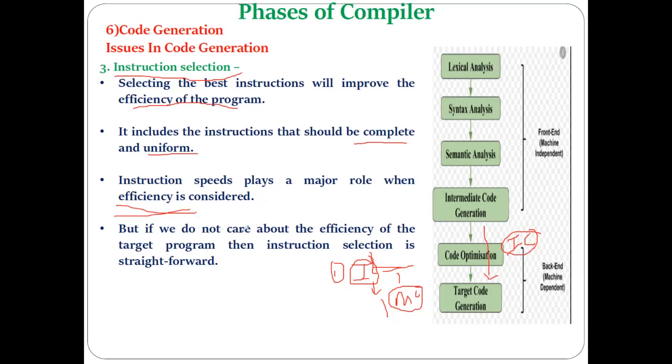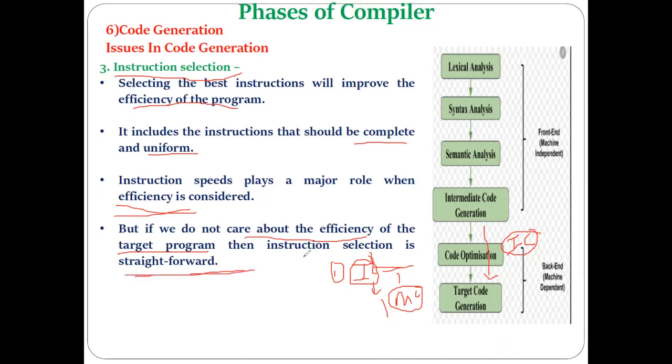But if you don't care about the efficiency of the target program, in the sense that we don't consider how much time it will require to execute or how much space it will require, then the selection of the instruction can be done in a straightforward way.